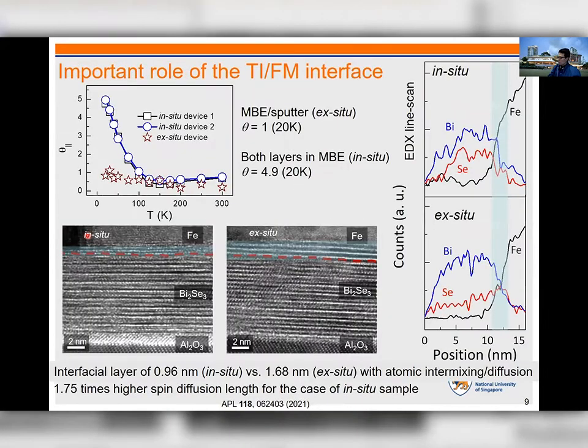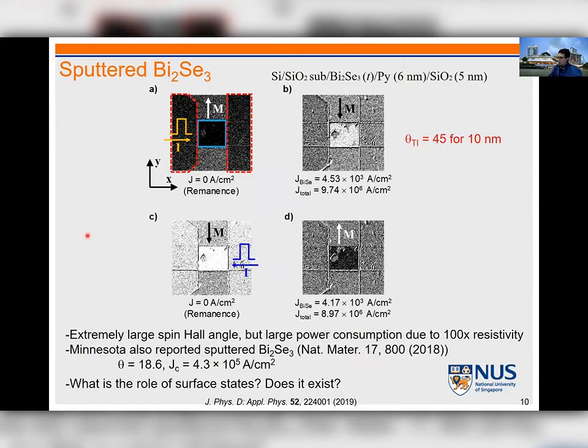So far, most of the groups utilized molecular beam epitaxy to grow bismuth selenide and other topological insulator materials. However, that is not compatible with industrial commercial processes. So some groups tried to grow this bismuth selenide using sputtering. For example, Minnesota reported a very large spin Hall angle of 18.6 and a very low critical switching current density.